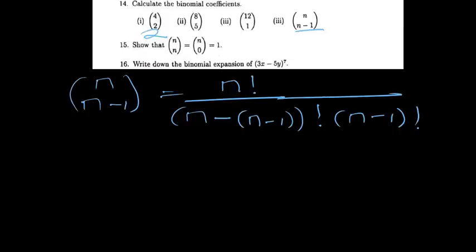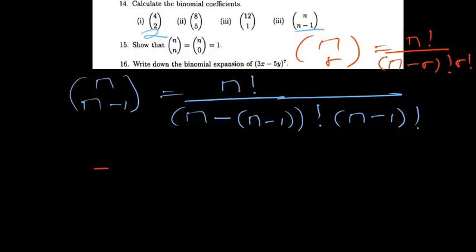So don't forget our formula. The formula is, if you're going to have n choose r, it's n factorial divided by the subtraction factorial and then r factorial again. So n factorial can be reduced all the way up to even n minus 1.